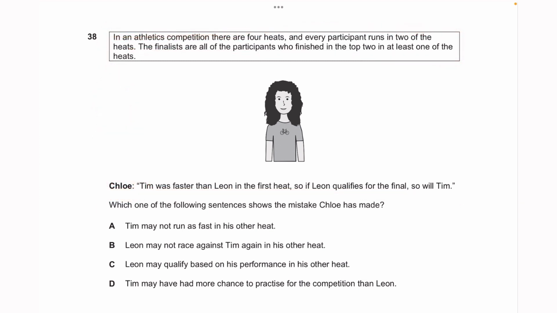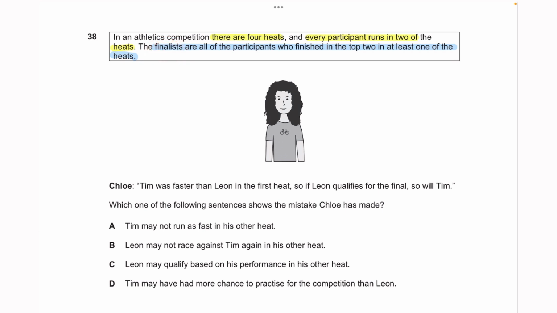Basically what we know is this: in an athletics competition, there are 4 heats and every participant runs in 2 of the heats. Now, this is another piece of important information. The finalists are all of the participants who finished in the top 2 in at least one of the heats that they participate in. So they technically get 2 chances to make it into the top 2, and then they can go into the finalists position.